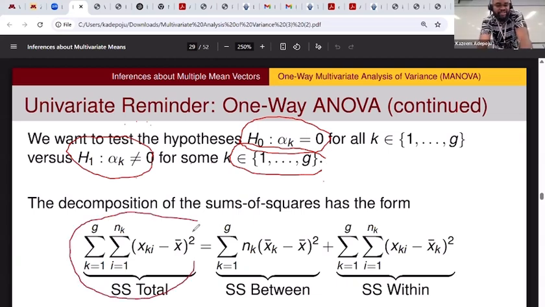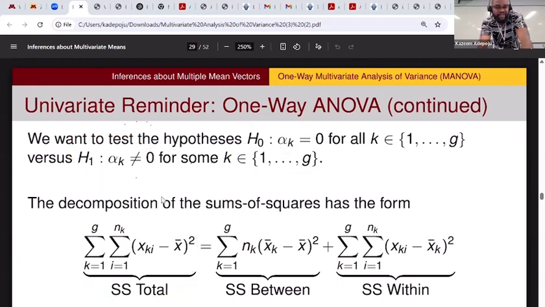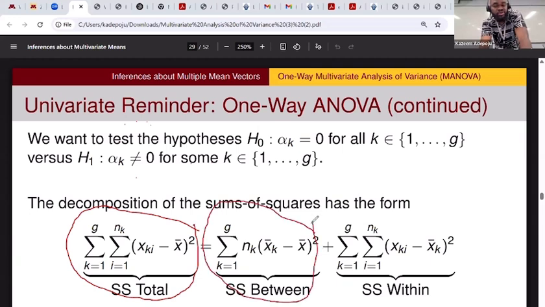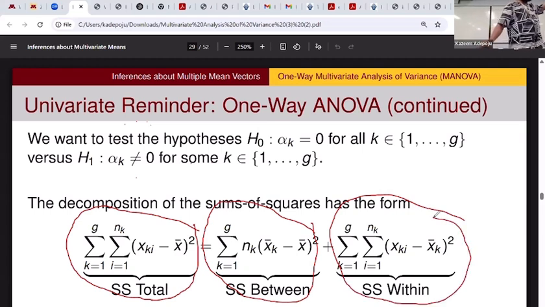This guy here is the total variation. That's what we call the sum of square total. The total variation can be broken down into explained and unexplained. Explained variation is sum of square between. Let me tell you this: even though we want to use the model to depict reality, a model cannot give us an exact characterization of reality.